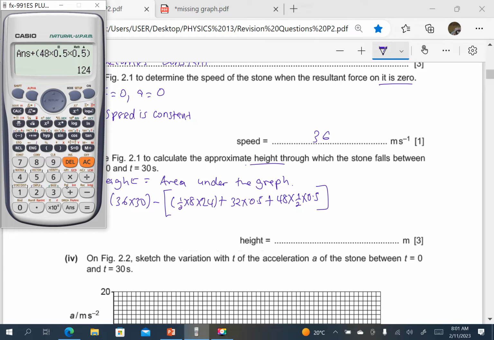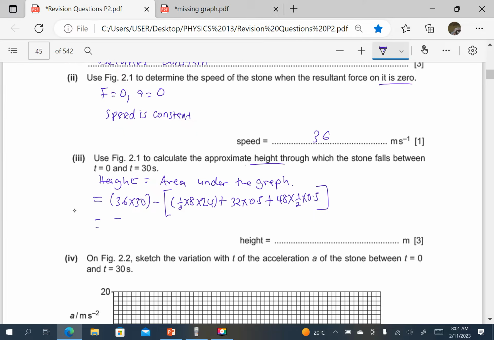So this value is going to be subtracted from 36 times 30. So 36 times 30 minus the answer gives us 956. So this area here is 956 according to me, which is approximately 960.